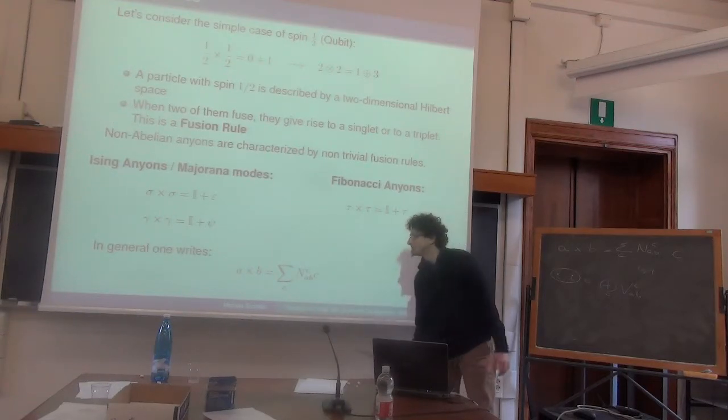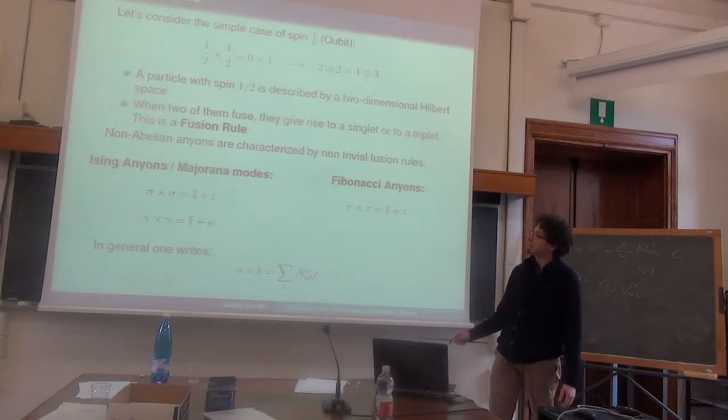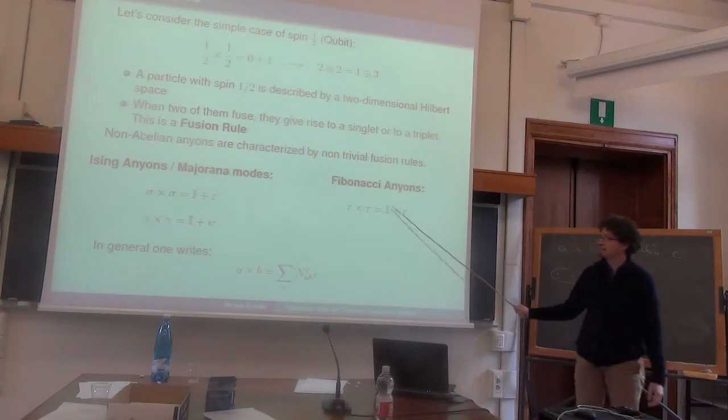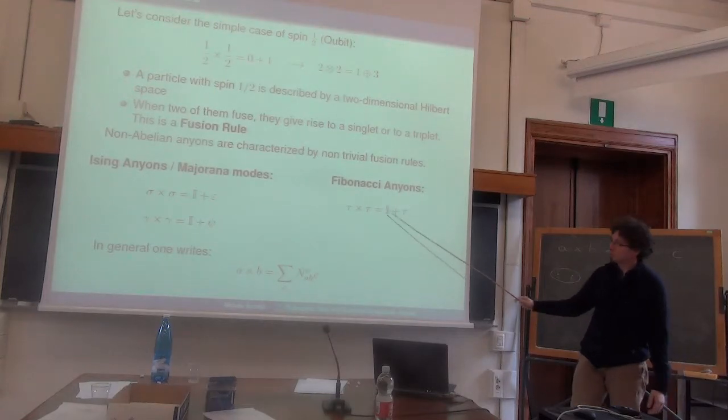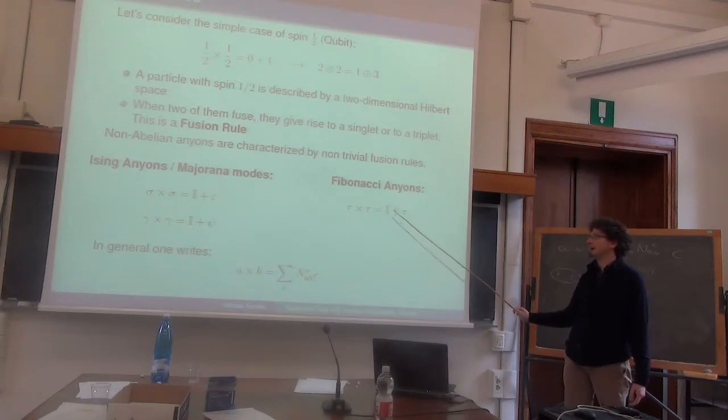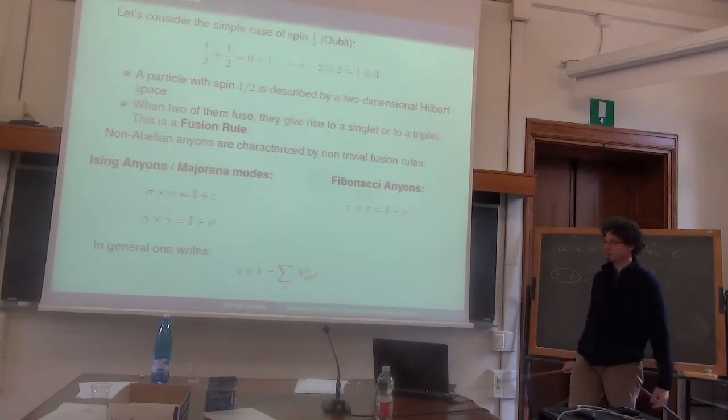However, apart from this curiosity, you see that these objects are non-abelian because I end up in two possibilities. So when I take a pair of these objects, this pair can be found in two different states.